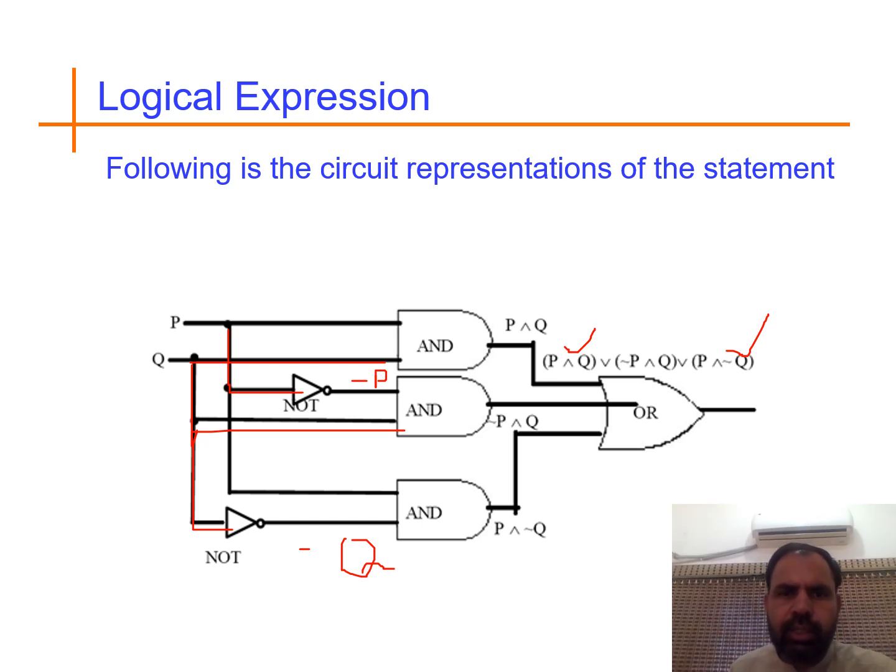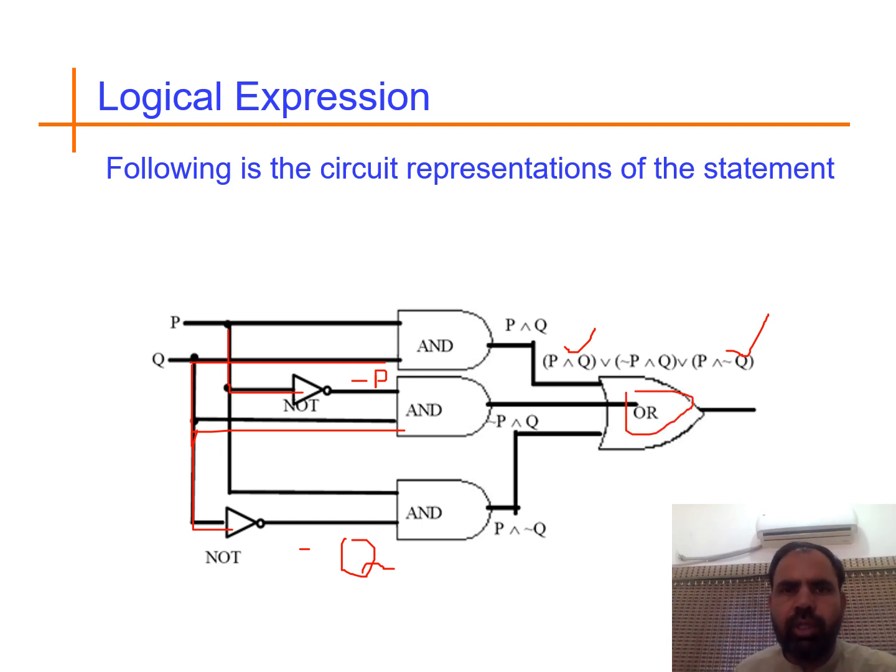If P connects with this AND gate, and also with this NOT gate, after this NOT gate it becomes negation P. And Q connects with this AND gate and with this NOT gate, and after this NOT gate it becomes negation Q. This AND gate gives P and negation Q, and here we get negation P and Q, and this one P and Q. Now these three are combined with this OR gate.